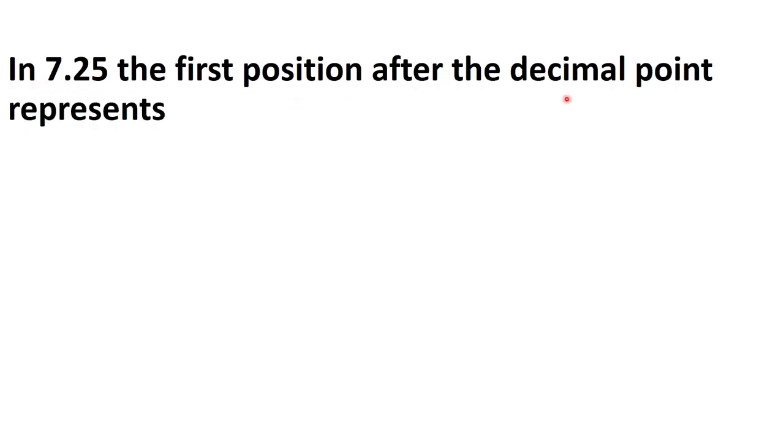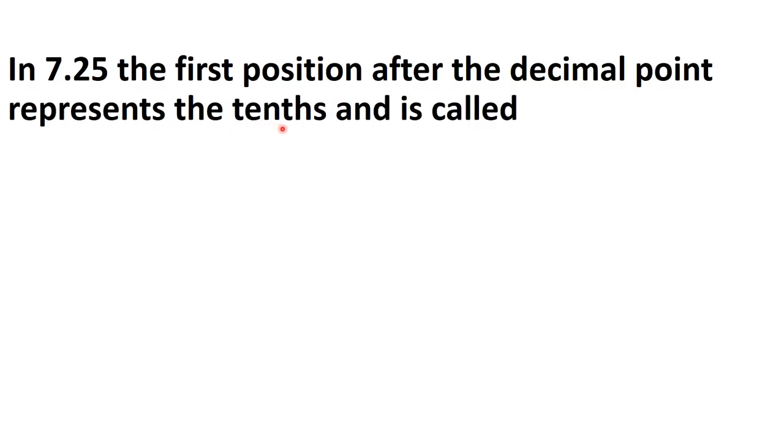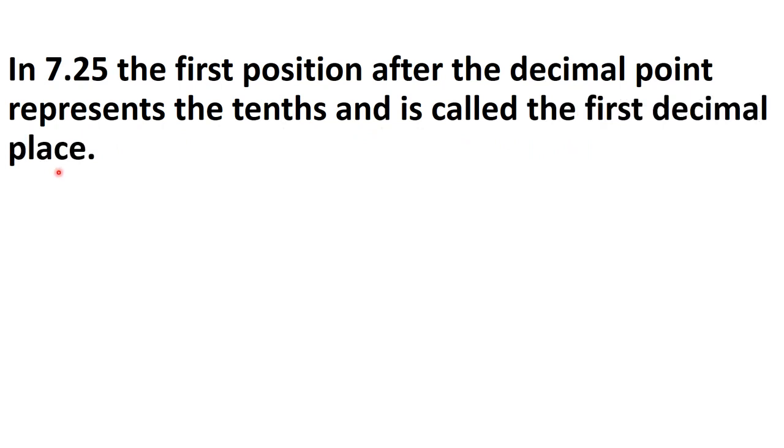In 7.25, the first position after the decimal point represents the tenth, that is 2, and is called the first decimal place. Okay, this 2 is at the tenth place and this is called the first place of decimal.